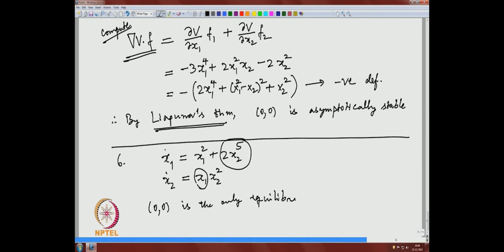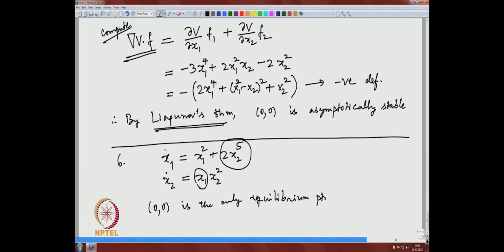For example, here if x1 is negative, then the second equation becomes stable. So, we may expect that 0 0 is unstable, but we cannot immediately see that.